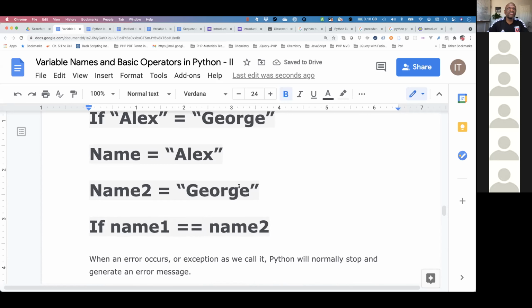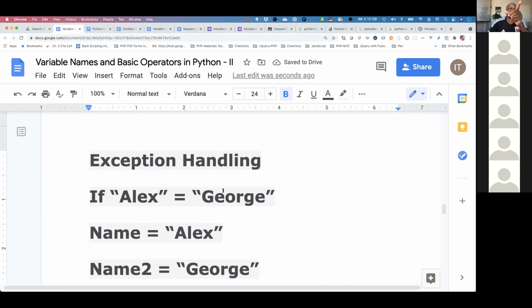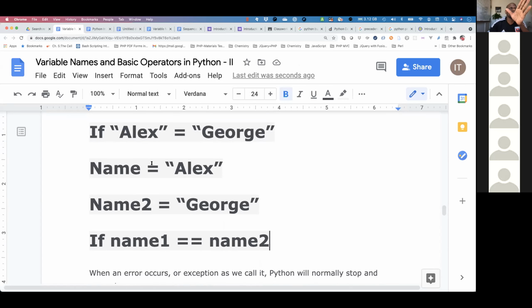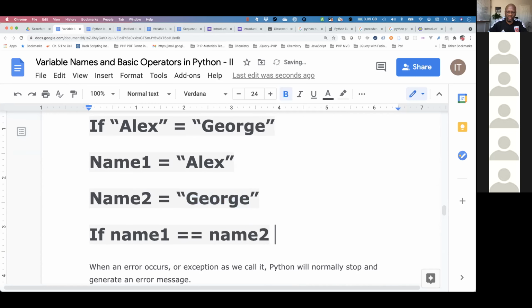Okay, hold on one second. We start with name 1, name 2, right? But if this name 1 was George and name 2 was George, then this will be equal. This will be true.